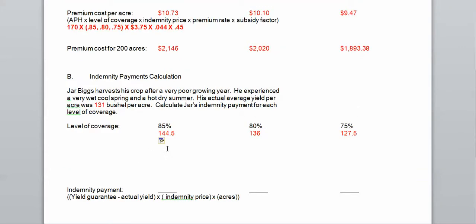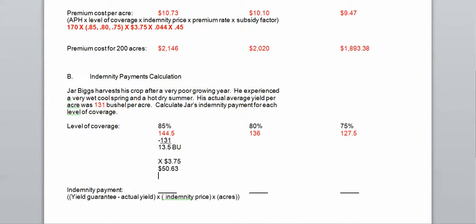So if I'm guaranteed 144.5 at 85% coverage, and I only yield 131, that means I'm paid on 13 and a half bushels. 13 and a half bushels times my guaranteed price of 3.75 gives me a per acre payment of $50.63.